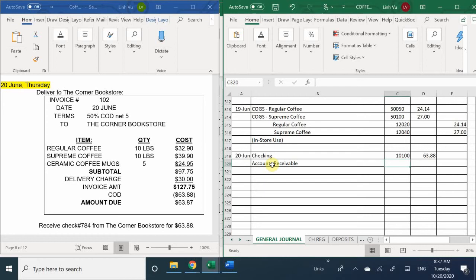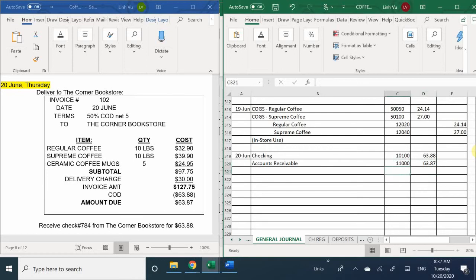What account number is accounts receivable? 20,000. That's accounts payable. I'm sorry, 11,000.